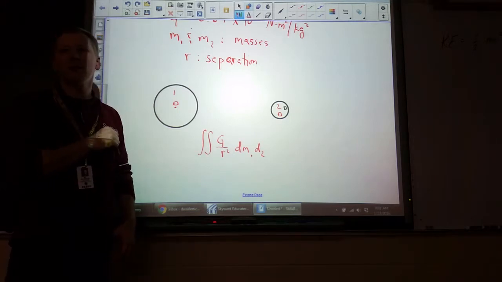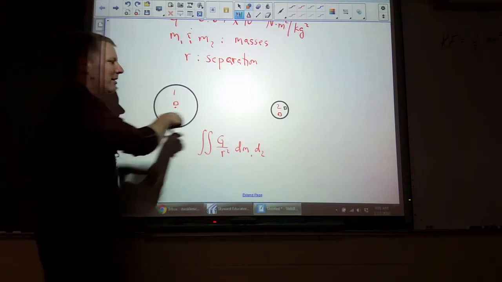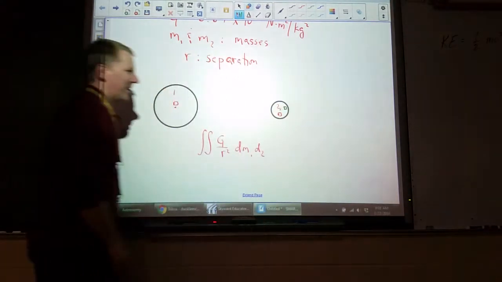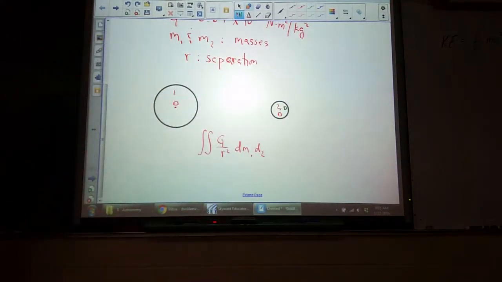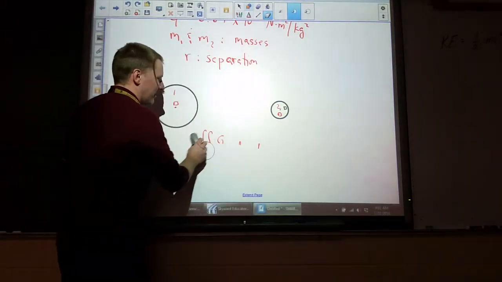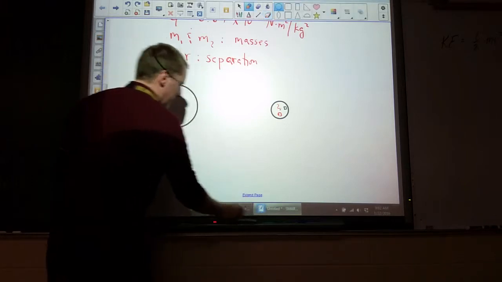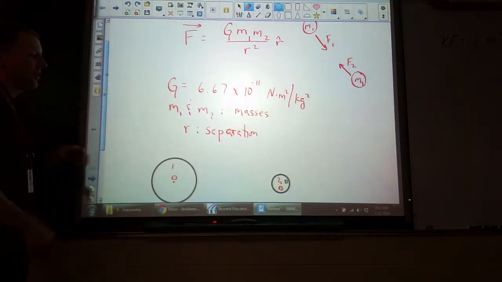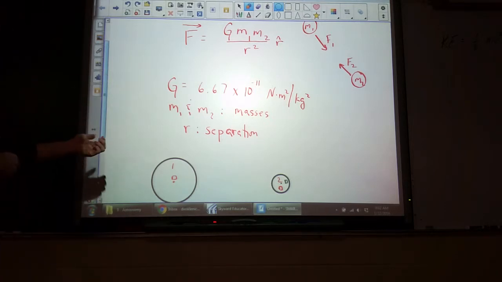So we always assume that it's a single point at the center of the two bodies that's attracting. And by assuming that they're uniform, we can do away with all of this and just use Newton's equation. It's a very, very close approximation because the distances in between things are usually so big.